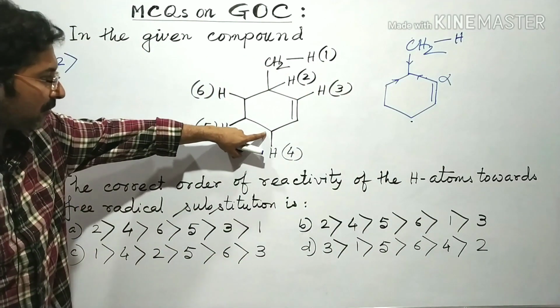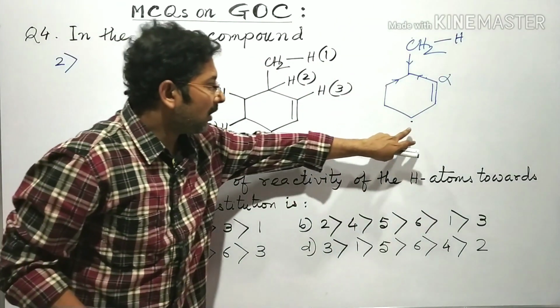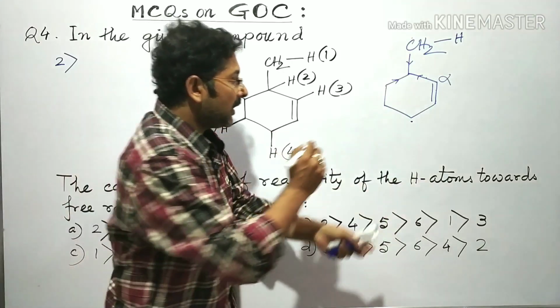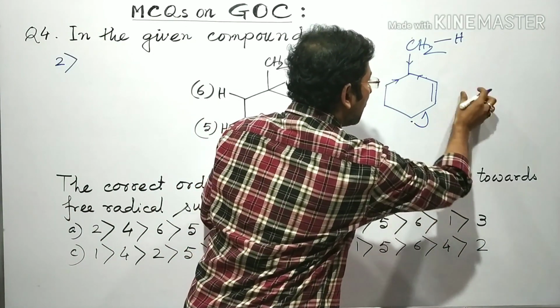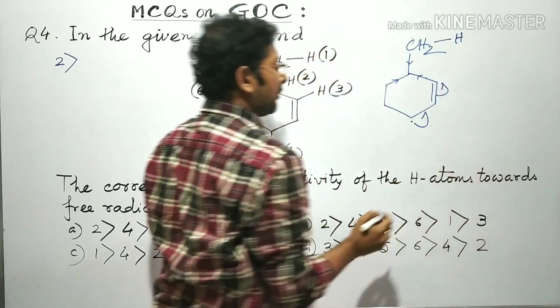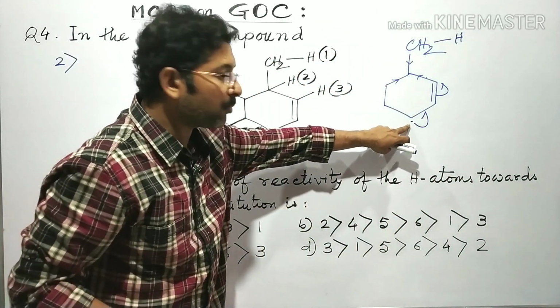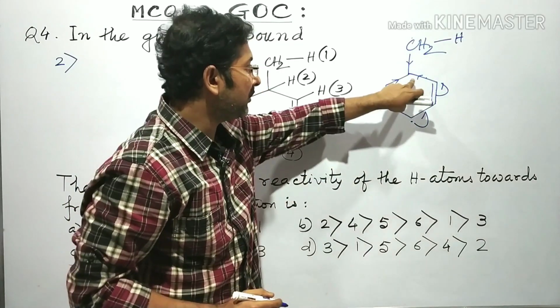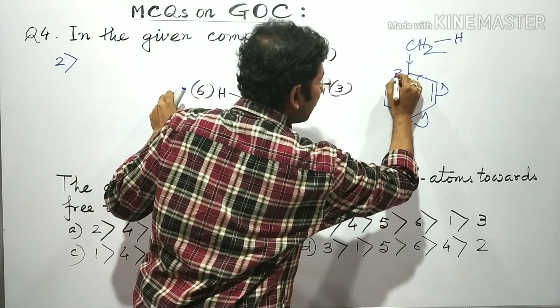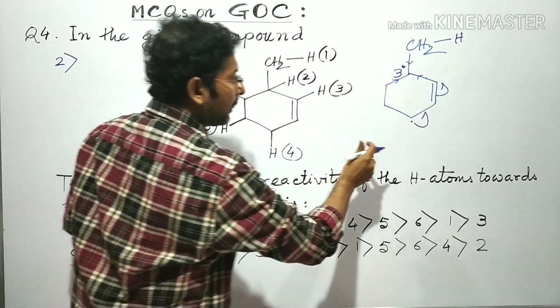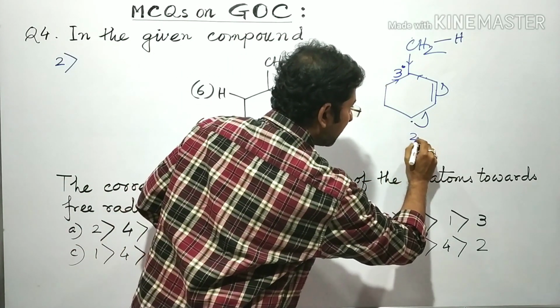If this bond is broken, the free radical will be formed here. Again, this free radical is involved in resonance involving this double bond. So this is the allylic position with respect to the double bond. This is again allylic position with respect to the double bond, but that free radical was 3 degree. Now this free radical is 2 degree.